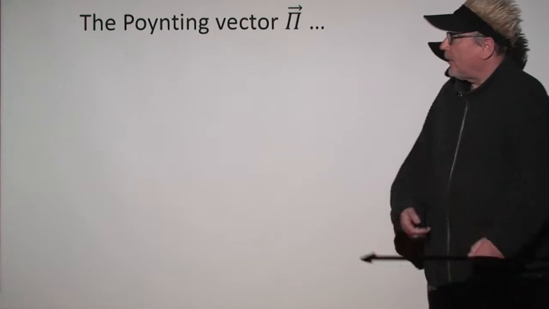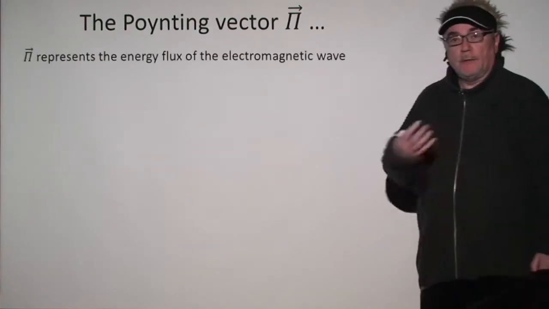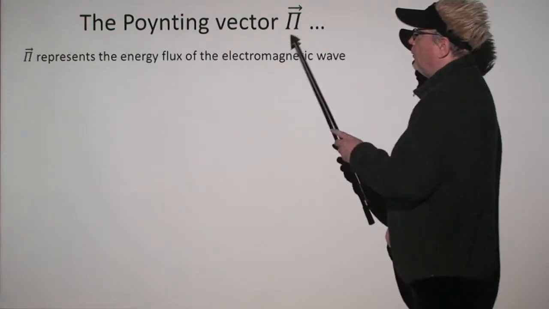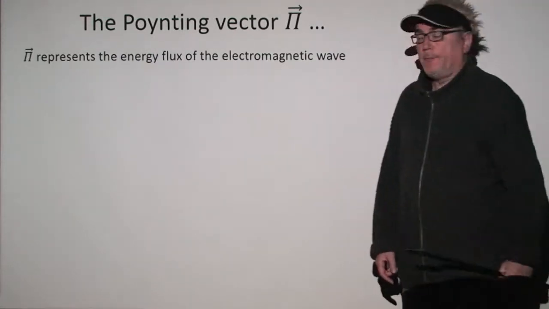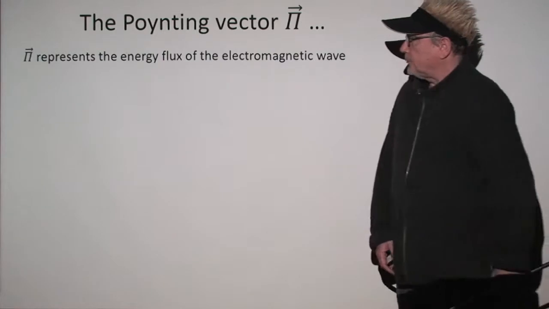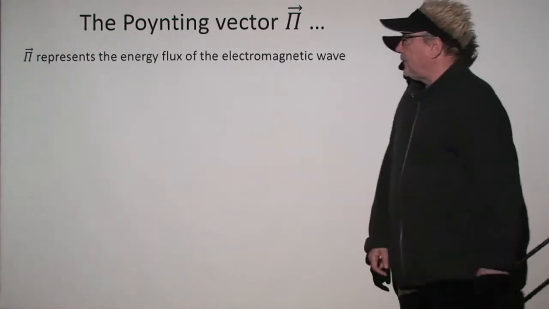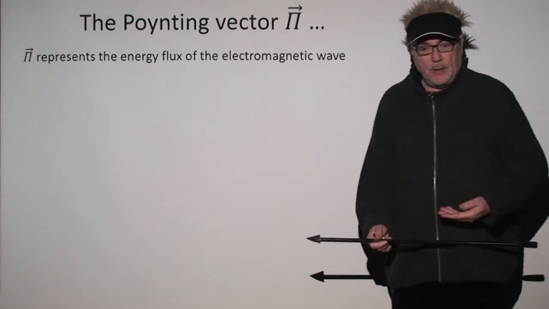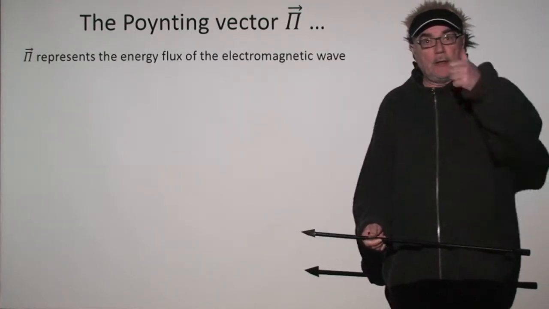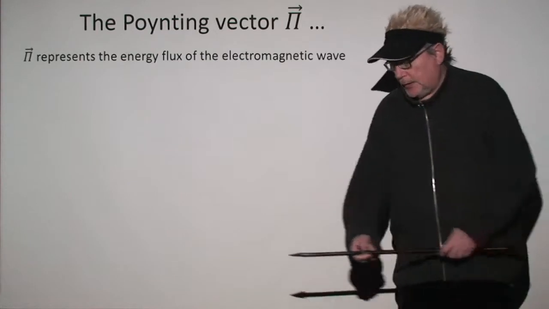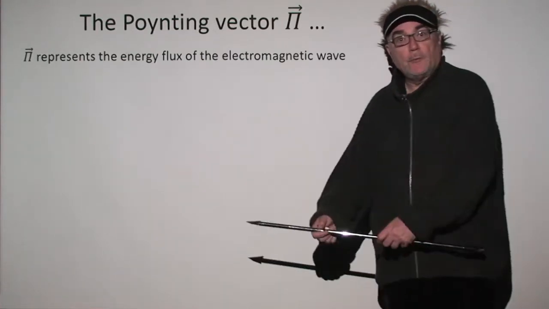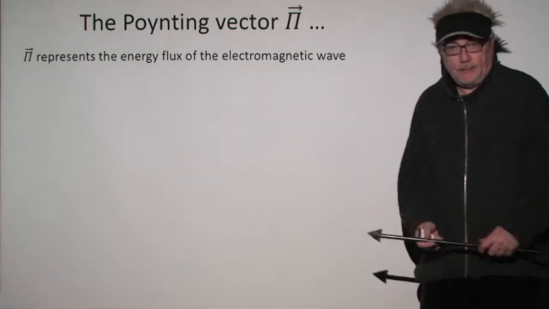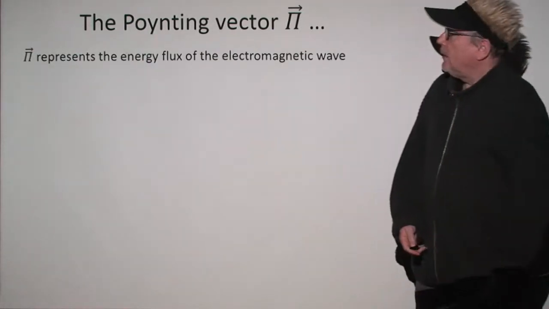So this guy works on this theorem, and he defines a vector called Pi, uppercase pi, which represents the energy flux of the electromagnetic wave. You remember, you have the magnetic field, the electric field, and then the propagation of the electromagnetic wave, and Pi basically represents that.